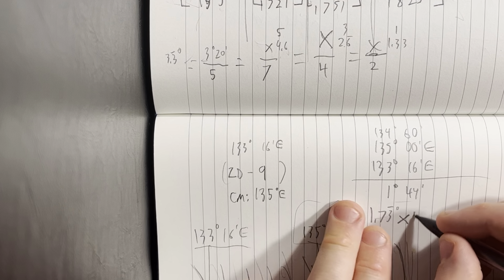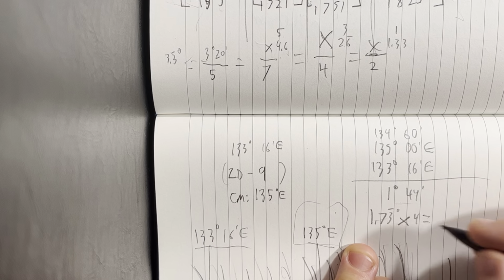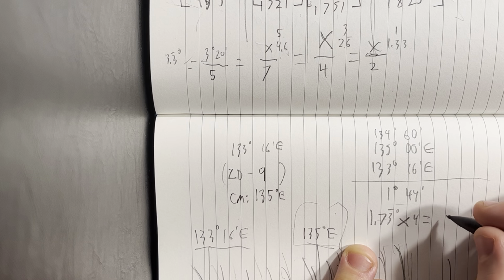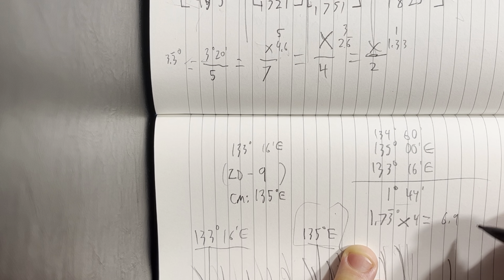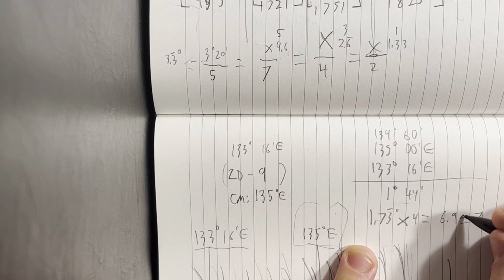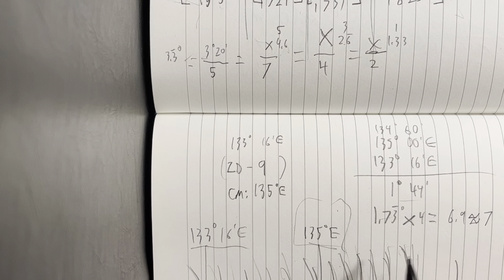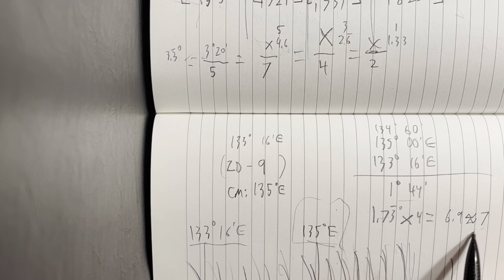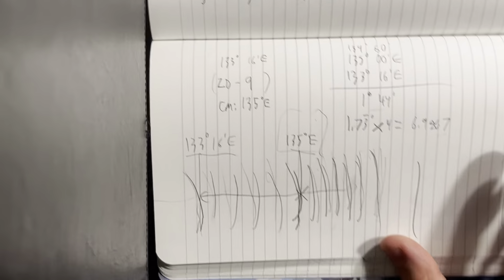We're going to multiply that by 4 to get our time in minutes. So 1.73 times 4 gives us 6.9 minutes, which we'll round to 7. Okay, so the times of sunset, civil, and nautical happen 7 minutes later for us than they do at the central meridian.